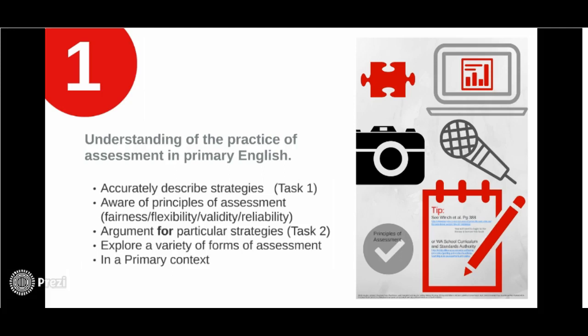There's a text which is cited in week 4, written by Winch and others, and they talk about principles of assessment on page 388. Or you can also look at the Western Australian School Curriculum and Standards Authority page. I've put links to both of these here where you can head off and develop your understanding.